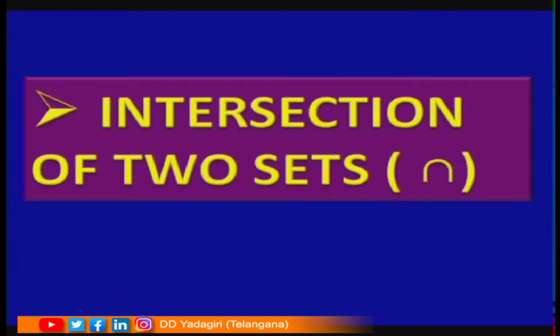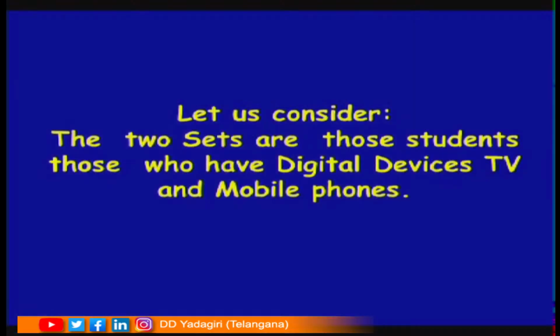Now, let us move to another topic, that is the intersection of two sets. What do you mean by intersection? Taking the earlier example, the students who have a TV and the students who have a smartphone.